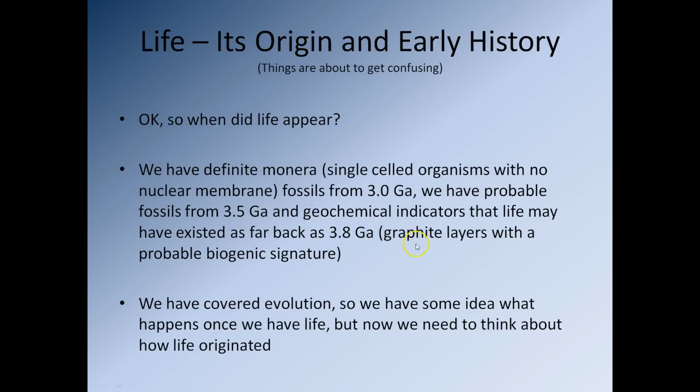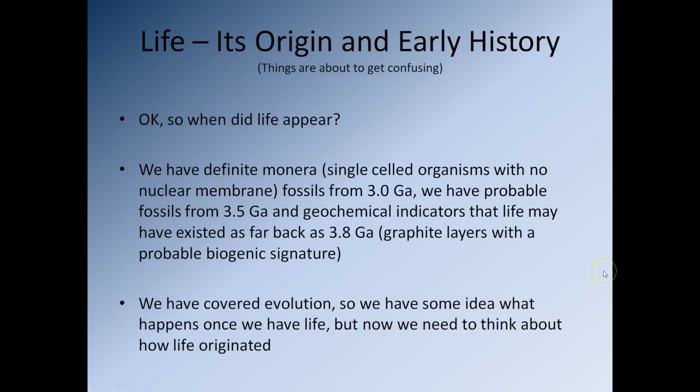So there's a layer of graphite in the Isua Greenstone Belt which suggests that it could have been made from organic carbon, and that dates to 3.8 billion years ago. So we know for certain we had life 3 billion years ago. It's probable we had life 3.5 billion years ago, and maybe we had life 3.8 billion years ago.